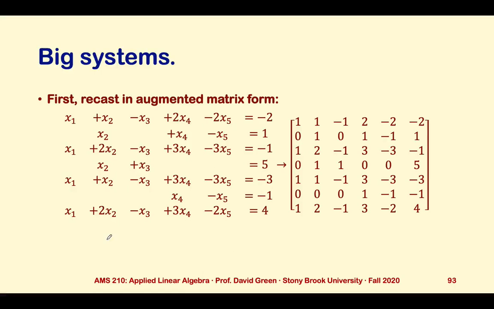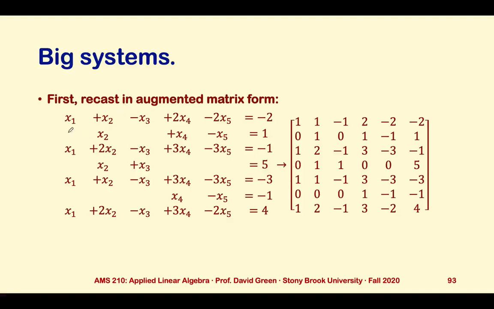How do we do this? Remember that to convert to an augmented matrix, really all we are doing is we're taking the coefficients of each entry, including their sign, and putting them in the corresponding entries of a matrix with the right-hand side as the last column.